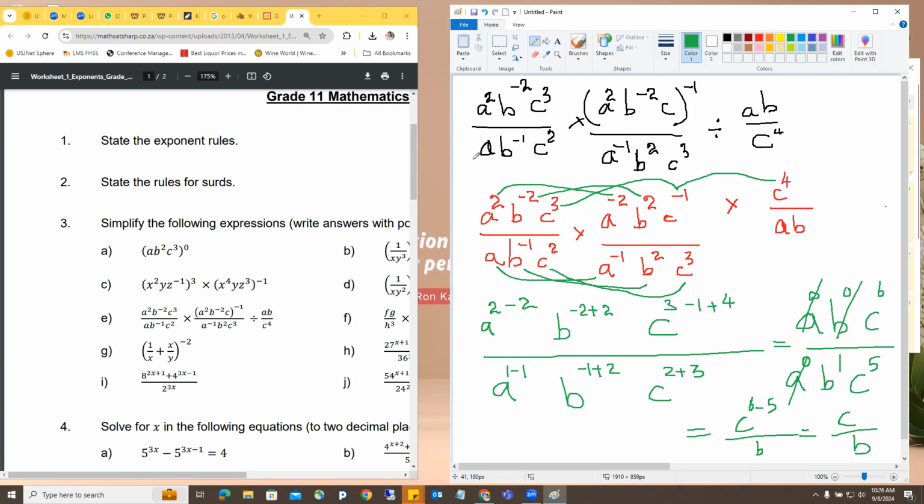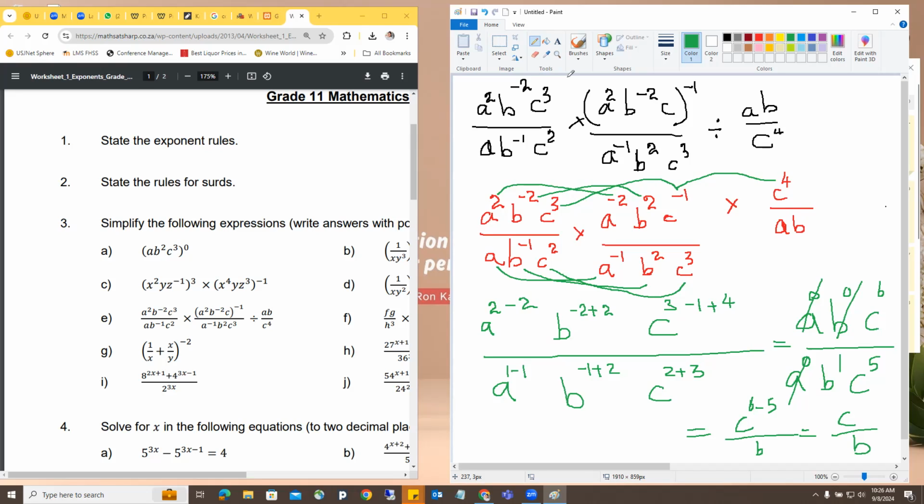Okay, wait. So what you have done, let me check. a b minus 1 means then it will become b, and here we have c. Okay, that part is correct.